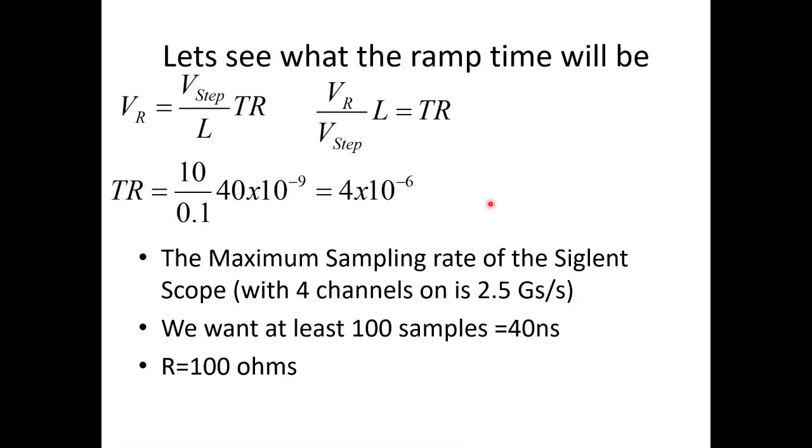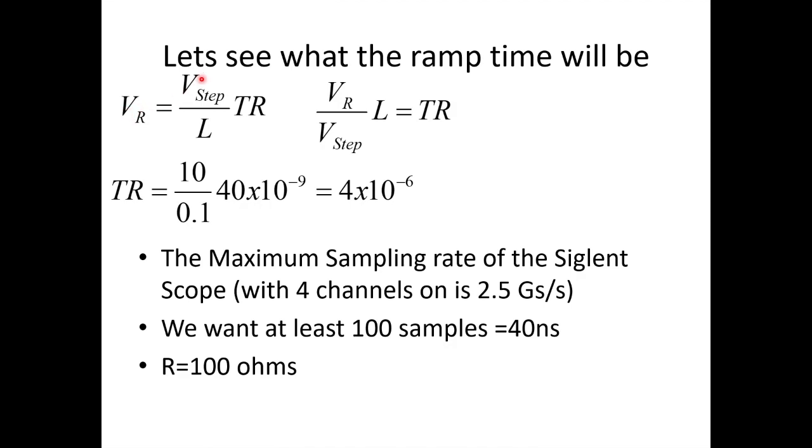Okay, so the equation we developed for the voltage ramp, let's work it backwards to find out what will be the ramp time at the minimum inductance. Because the ramp time, how quickly that voltage can span 10 volts, is going to affect how many samples we need and so many other factors. If we take this equation here, let's isolate T and R together.